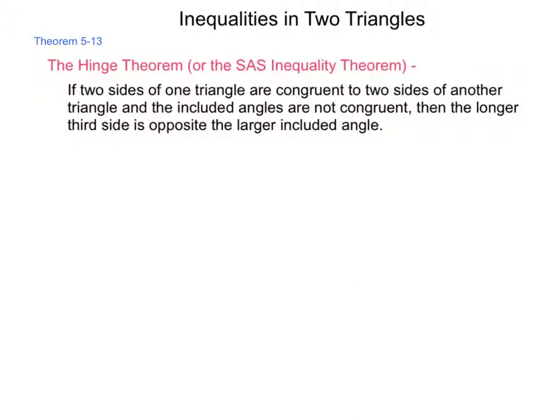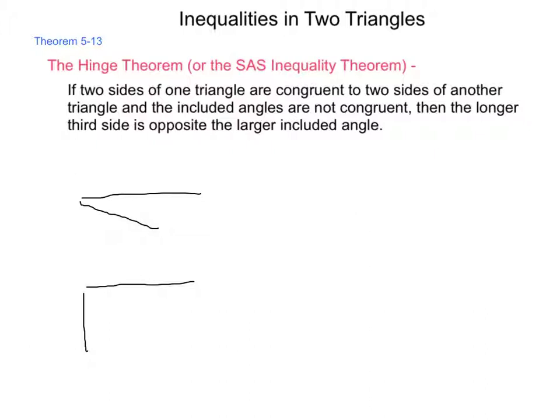The reason this is called the Hinge theorem is you can think of it in terms of a door on a hinge. If you have the wall of the house and the door, the door is partially open. Now take that same door and open it further.